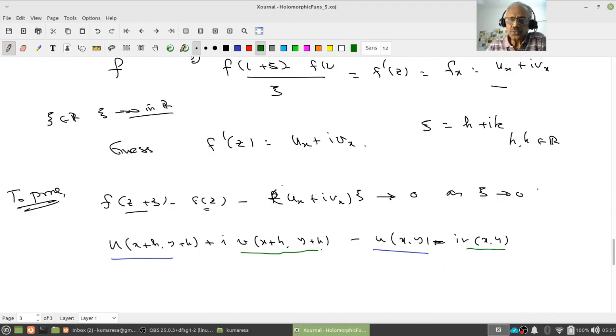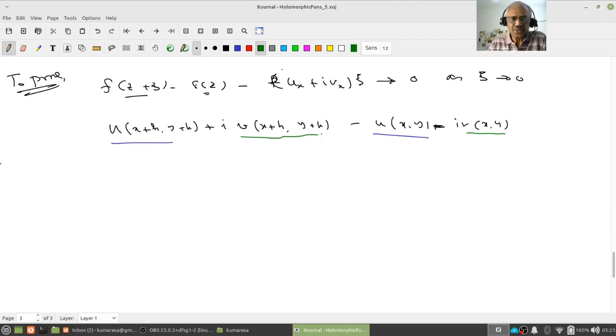Now what do you think I should do? I want only ux plus i vx. So wherever uy and vy appear, I will use the Cauchy-Riemann equations to convert them and club them together. Is the idea clear? Okay, right. So let us do that.